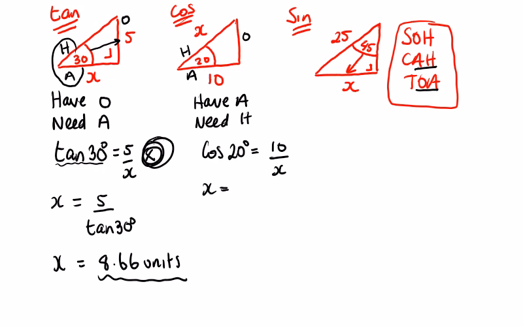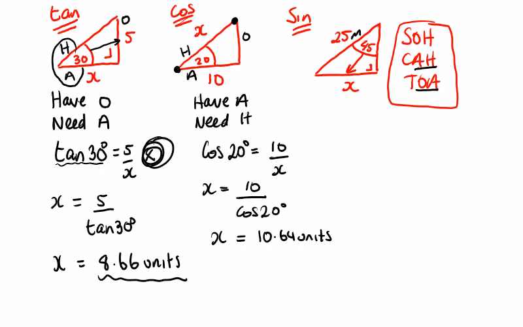So X is equal to 10 divided by cos 20. And if you divide 10 by cos 20, you're going to get 10.64. And again, I'm going to write units. I'm going to call this meters, so I don't have to write units in the next one. Okay, so you can see X is slightly longer than the bottom.